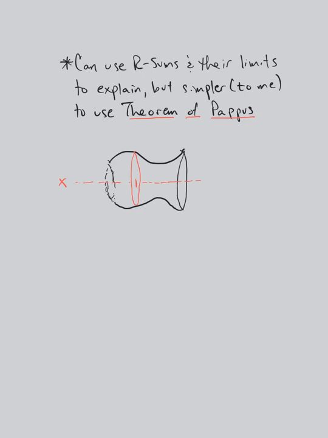And if I can describe the area of the cross section at that value of x for every x along my axis, okay, so this is the area of a cross section, like that, then what the theorem of Pappus says is that the volume of the resulting solid is going to be the integral between your bounds of integration of your cross-sectional area, dx.